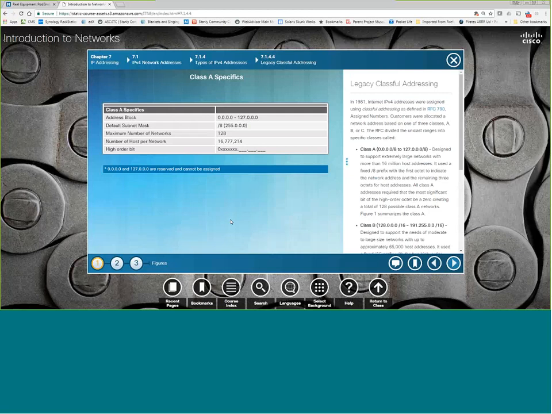Class A, and to give you a quick overview of how these classes came about, they looked at the way the binary fields broke down, and they used that to determine the classes. For instance, you're going to learn that class A is anything that in the first octet goes from 0 to 127. From a binary standpoint, that is because the first bit position is a 0.